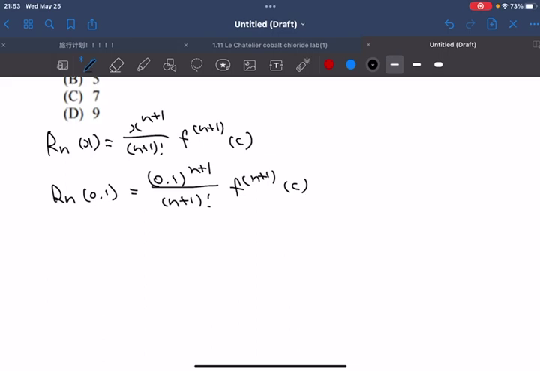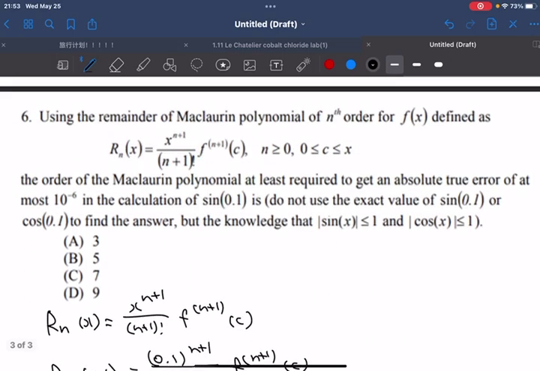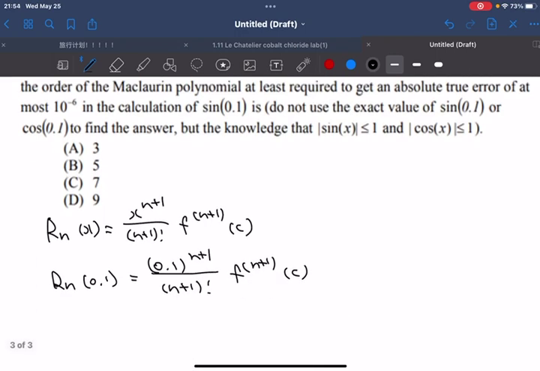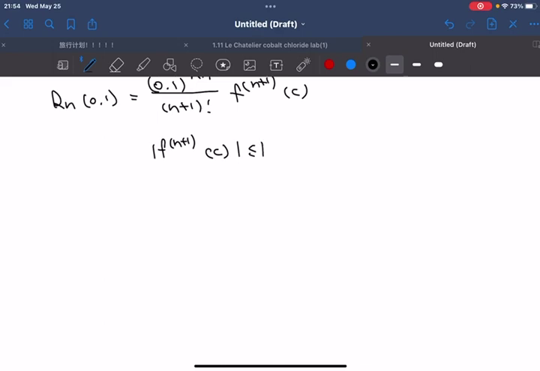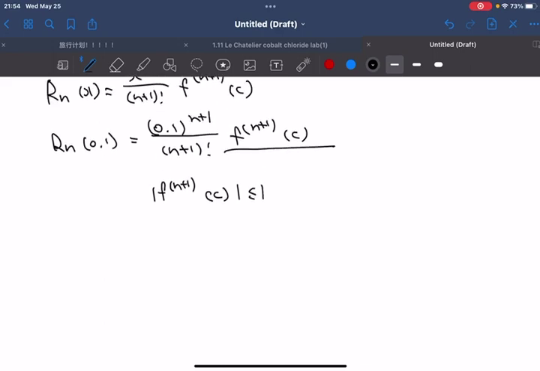And because the derivative of f(x) should be either sine or cosine, as I mentioned before, and they are both less than or equal to 1, we can just directly replace this part with 1.